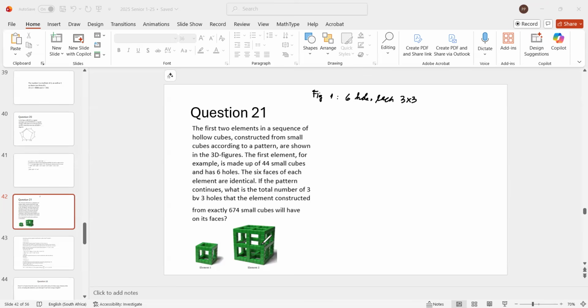So how do you calculate how many cubes there are in this picture? Well, in figure 1, let's take figure 1. Imagine this thing was filled up with all these cubes. It's a solid cube.